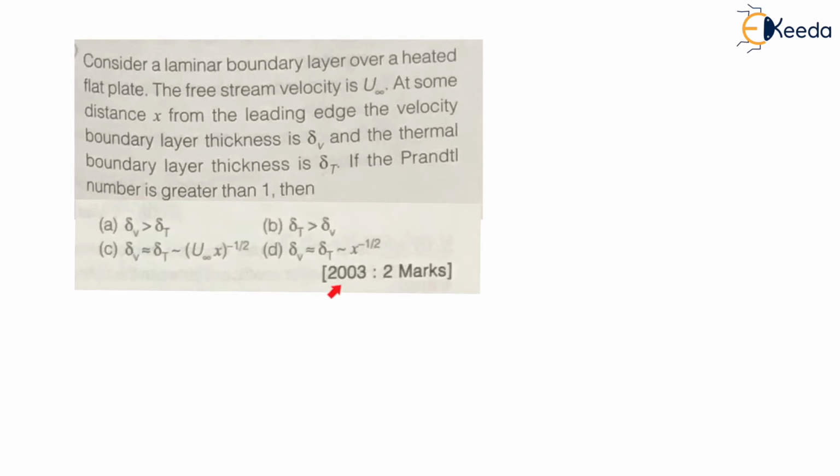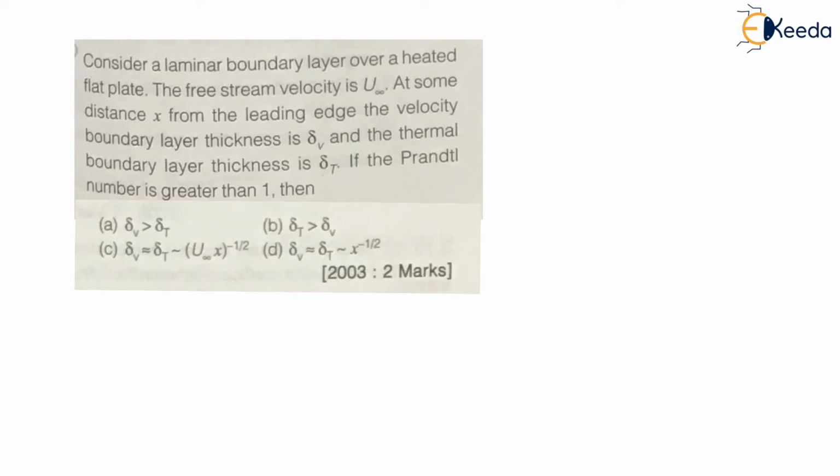Now the next question, which was asked in GATE 2003 for 2 marks, is based on thermal boundary layer thickness and hydrodynamic boundary layer thickness. Let us understand the question. The question is, consider a laminar boundary layer over a heated flat plate. The free stream velocity is u infinity. At some distance x from the leading edge, the velocity boundary layer thickness is del v.